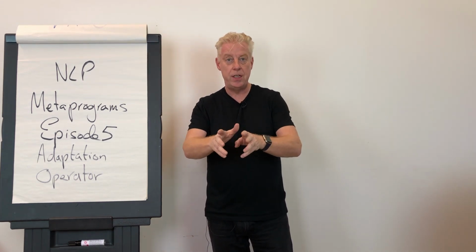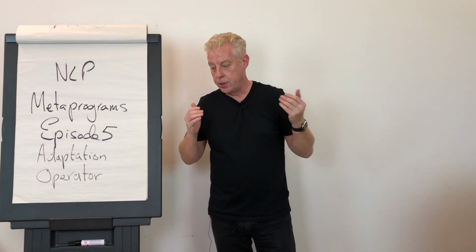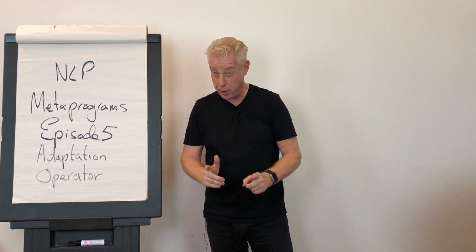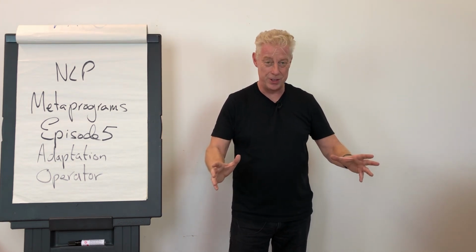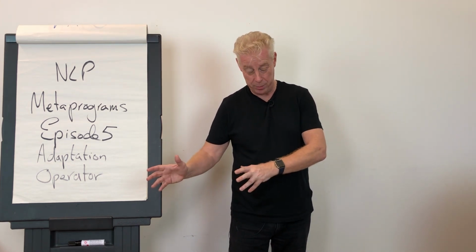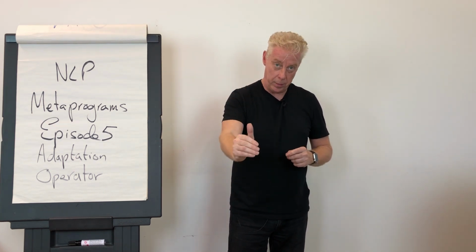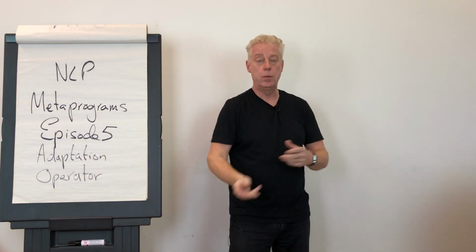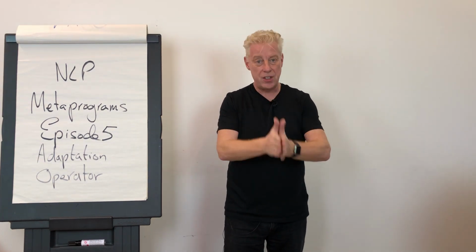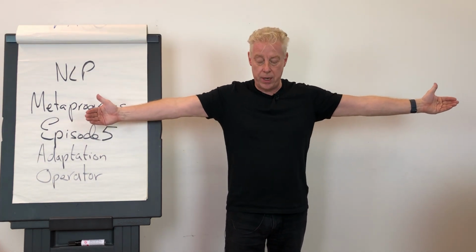So here's the question to ask to elicit this from a metaprogram's point of view. Bear in mind there'd be 25 different questions from a Myers-Briggs type indicator point of view. In NLP metaprograms, we want to do that very conversationally. We want to do it quick. We want to be able to get an estimation as to where somebody is on this scale.